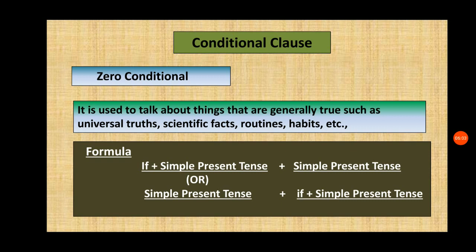So we should identify a conditional clause through the conditional word if. A sentence can begin with the main clause or begin with the if clause. So we don't need to bother about it. We want to know which one is the conditional clause and which one is the main clause.